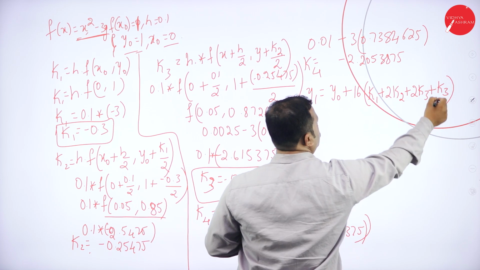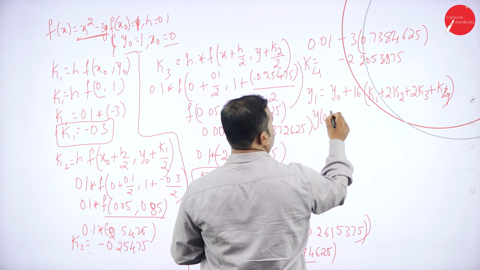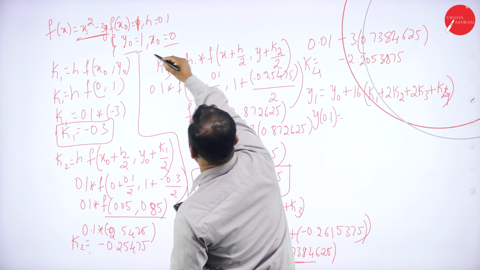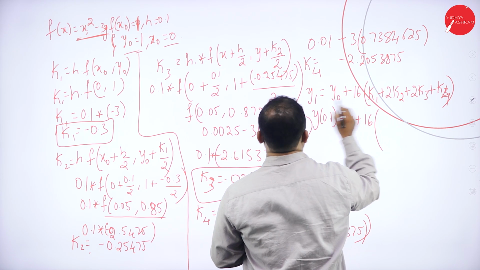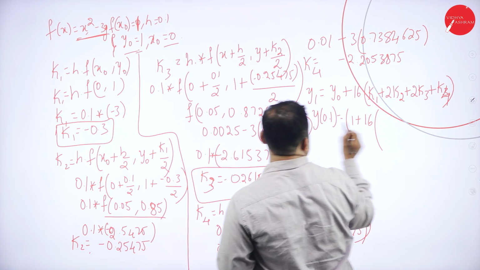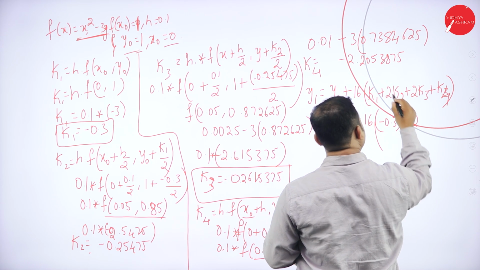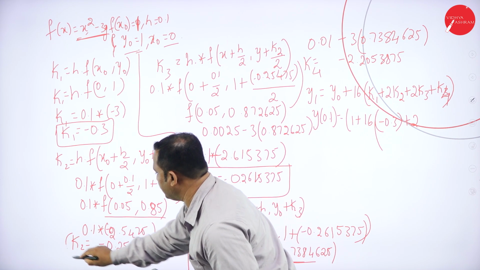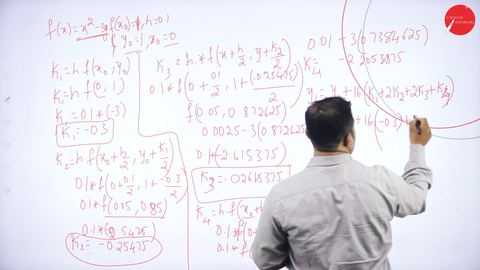This gives me the value of Y1, that is y of 0.1. What is the value of Y0? It is 1. 1 plus 1/6 times K1, which is minus 0.3, plus 2 times K2, which is minus 0.25475.